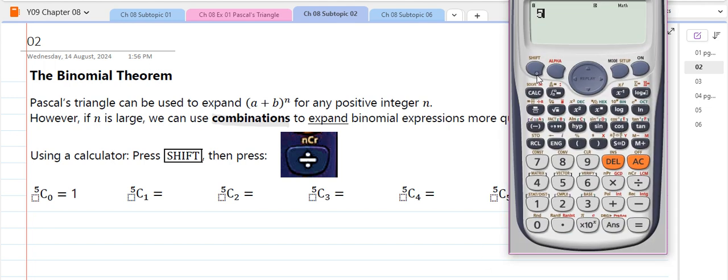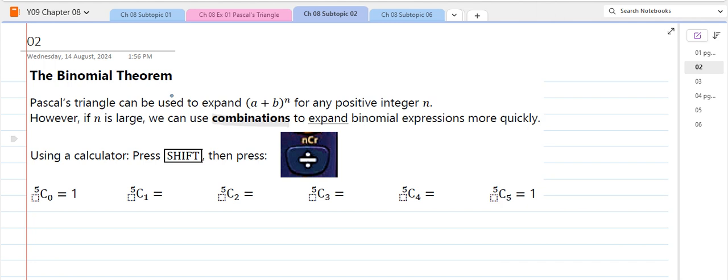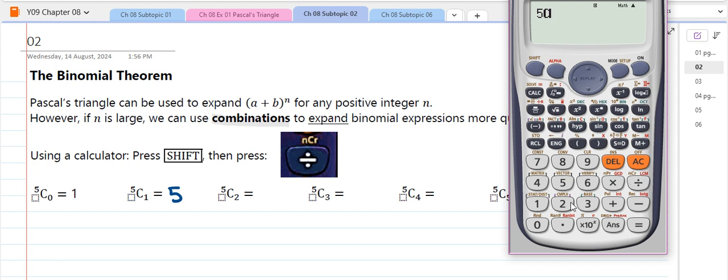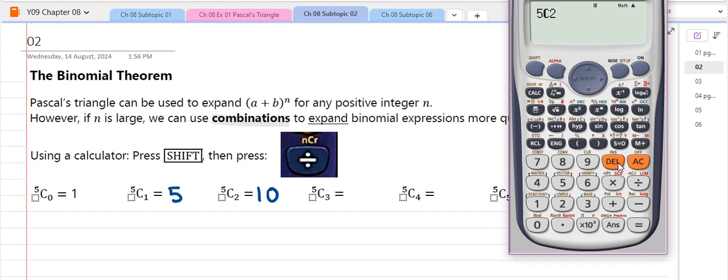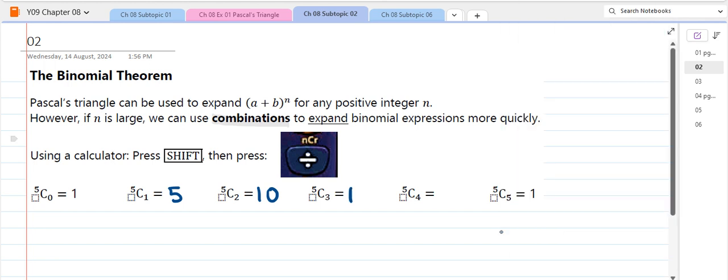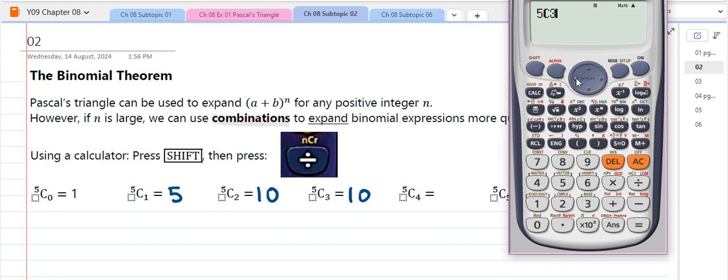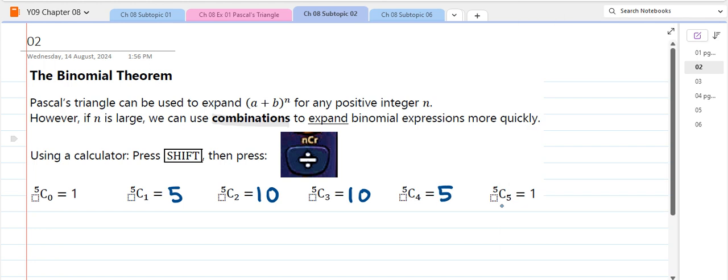So 5, shift, and then you go to this button, and a C will appear. 5C0 will give you a 1, and then 5C1 will give you a 5. 5C2 will give you a 10, and then 5C3 will give you another 10. 5C4 is a 5, and 5C5 is a 1.